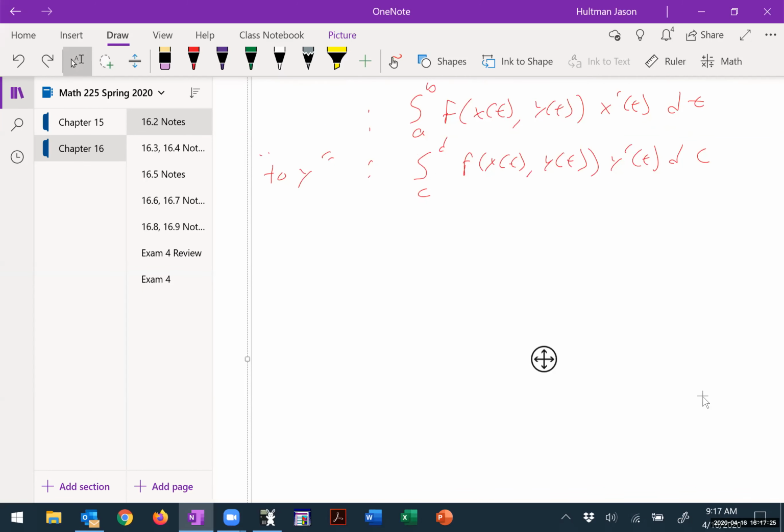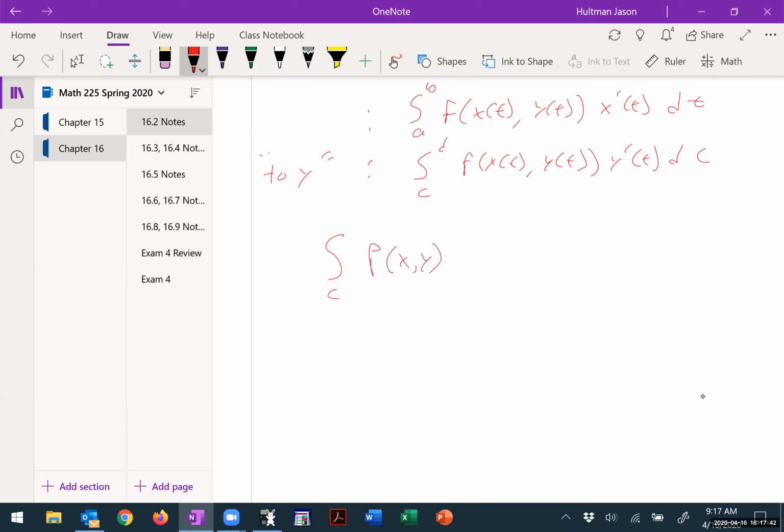Okay, there you go. Sorry about that. So, with respect to y. Again, we want to take these individually. The integral with respect to x we're going to call p of x, y, dx, and the integral with respect to y we're going to call q of x, y, dy.